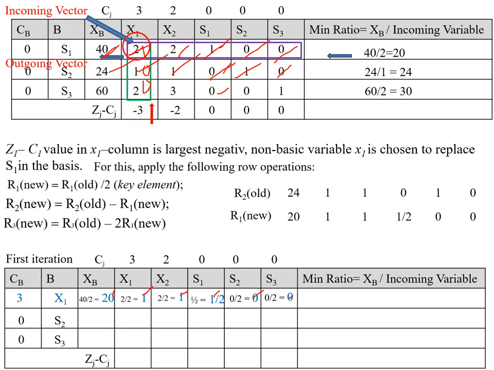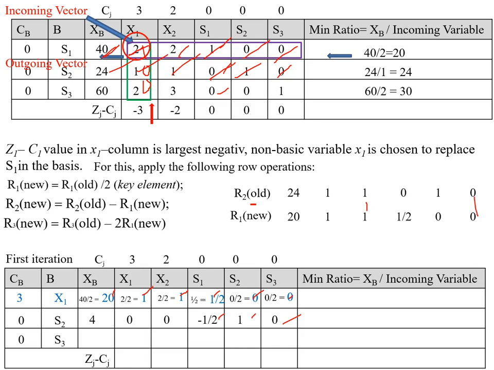R2 old minus R1 new gives the R2 new elements: 24 minus 20 equals 4, 1 minus 1 equals 0, 1 minus 1 equals 0, 0 minus 1 by 2 is minus 1 by 2, 1 minus 0 is 1, 0 minus 0 is 0.